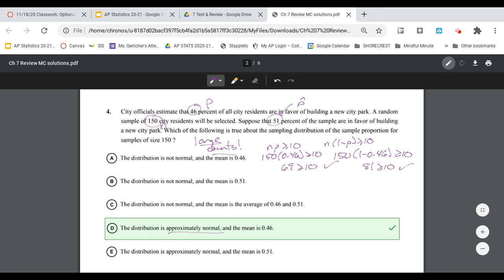And then the mean should match the P, not the P hat. The center of the sampling distribution should match the true population proportion. The P hat, the 51, is just one particular proportion inside the sampling distribution. It's not necessarily at the center of that sampling distribution.